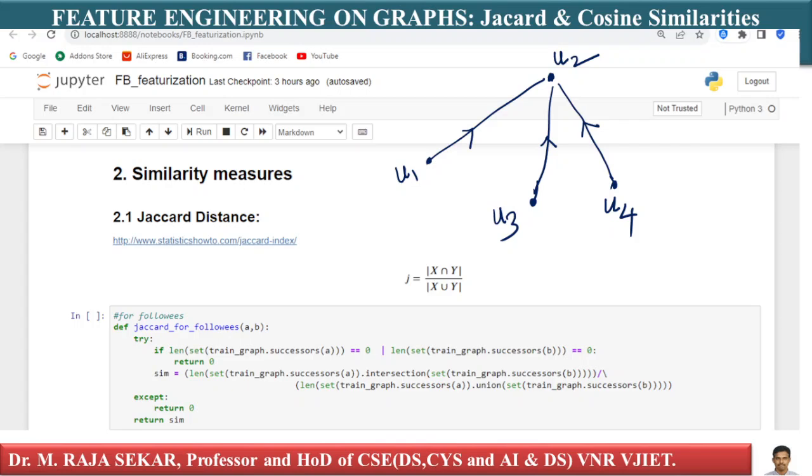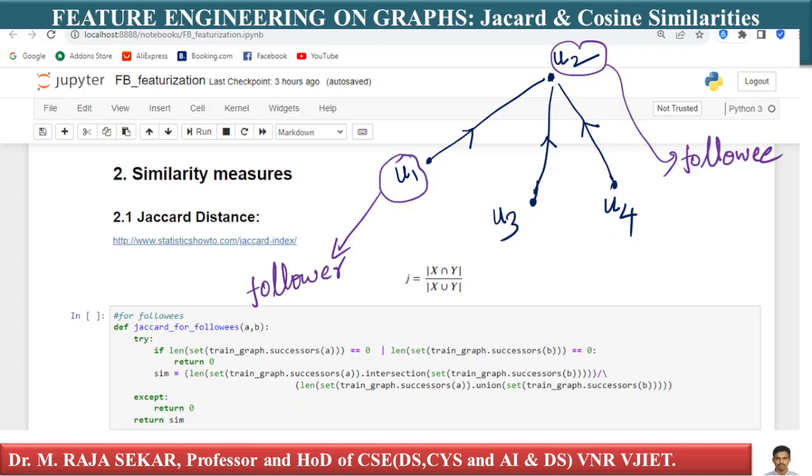Let me assume U1, U3, U4 are following U2. They are called followers, isn't it? U1, U3 are called the followers of U2. U1 is called the follower and U2 is called the followee.